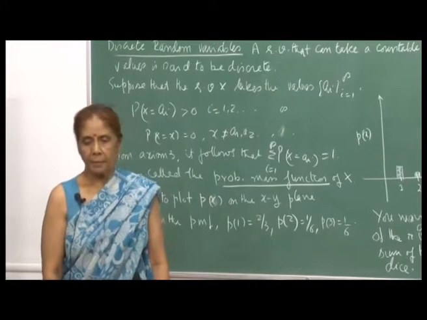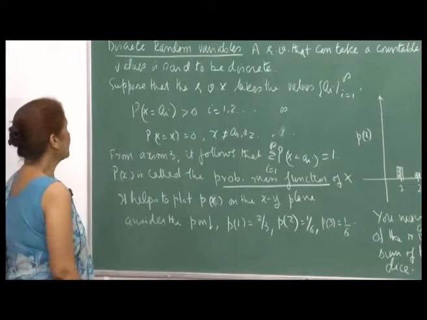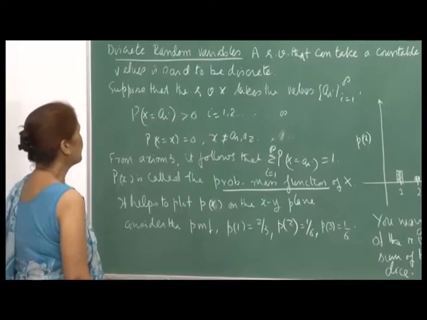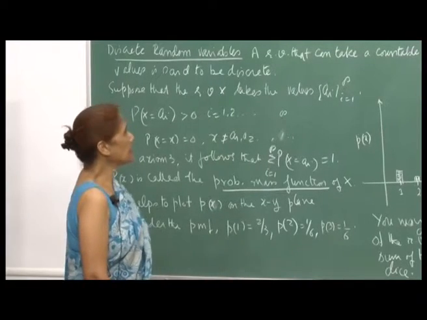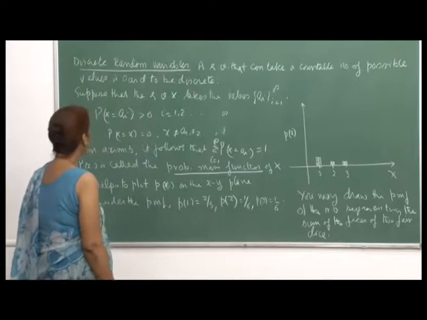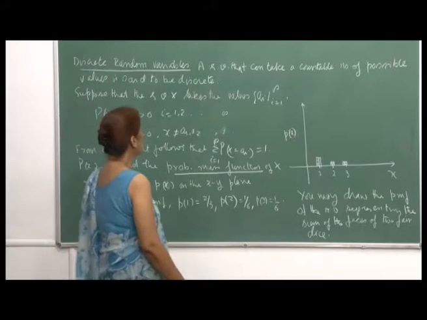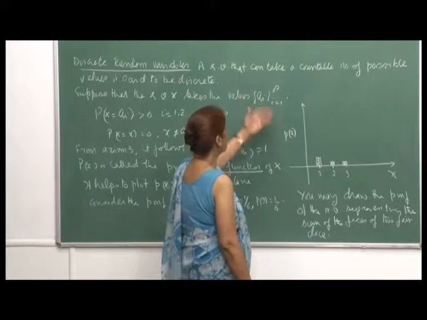Random variables can be of different types. Let me first consider the case when X is a discrete random variable. As the name suggests, it takes a countable number of possible values. Let us say the random variable takes the values a_i, with i varying from 1 to infinity.